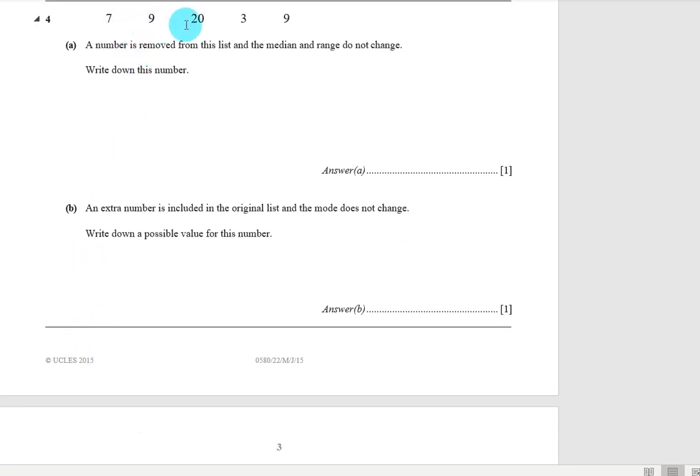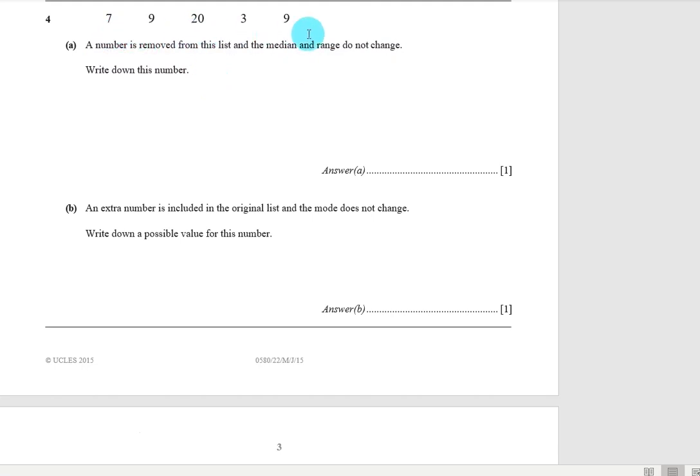The numbers are 7, 9, 23, 3 and 20. A number is removed from this list and the median and range are not changed. Write down this number.